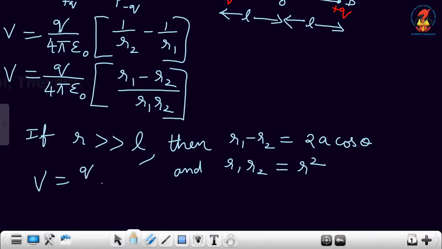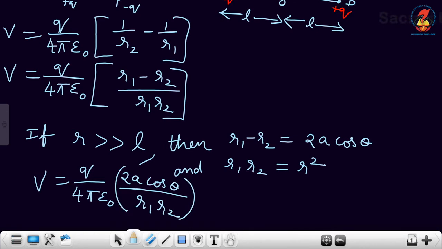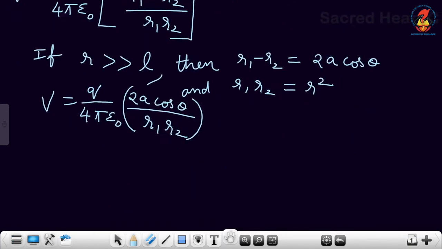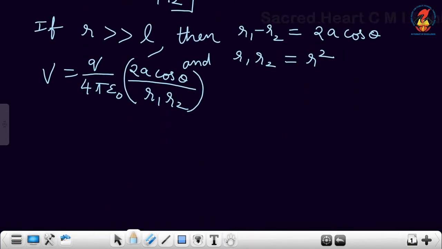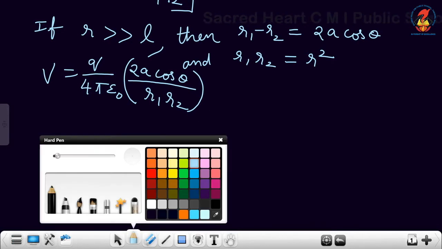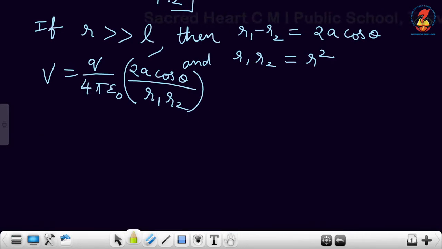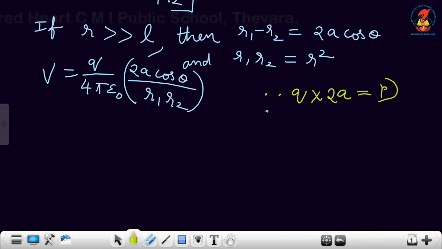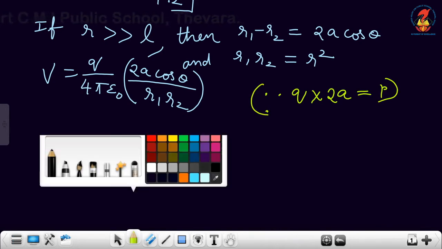I will get Q by 4 pi epsilon 0 times 2a cos theta by R1 R2. We already studied Q into 2a is equal to P, the dipole moment.